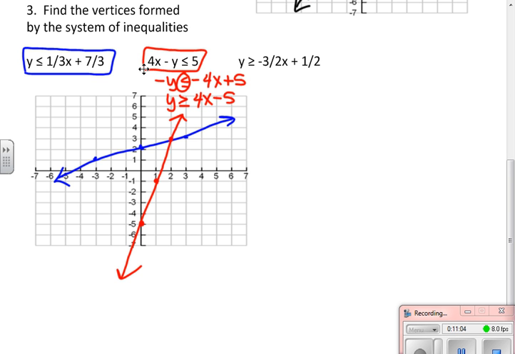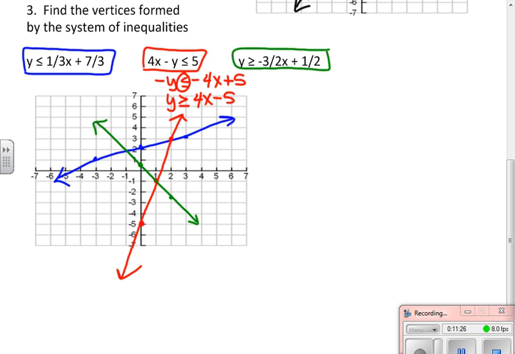My last equation is already solved in slope-intercept form for me. The y-intercept is 1/2. It has a slope of negative 3 over 2. So I go down 3, 1, 2, 3, right 1, 2. This is also a solid line.